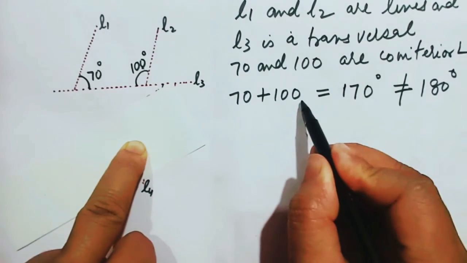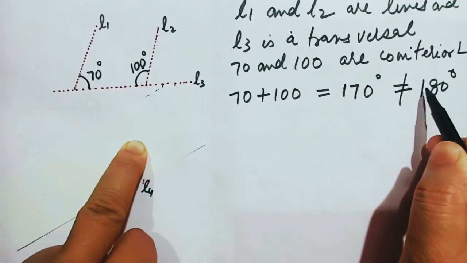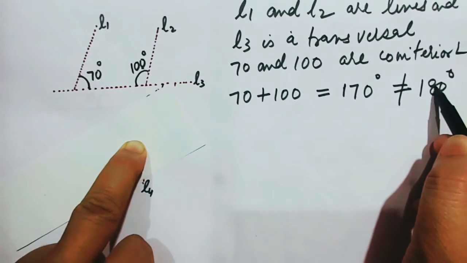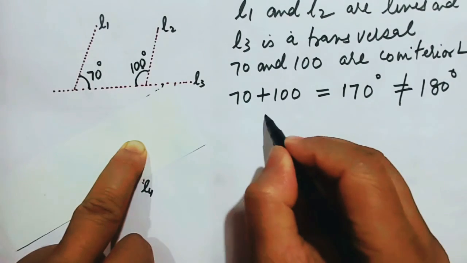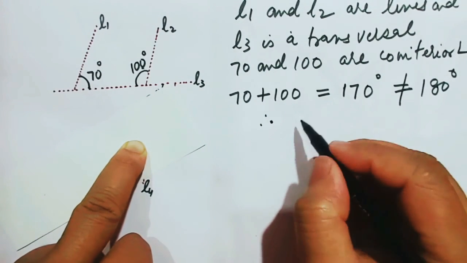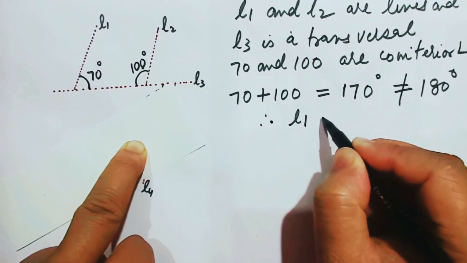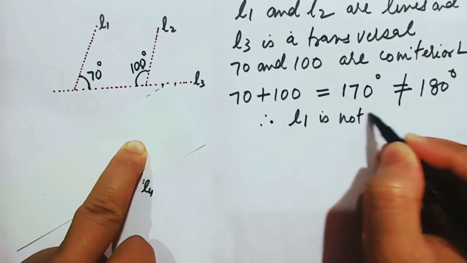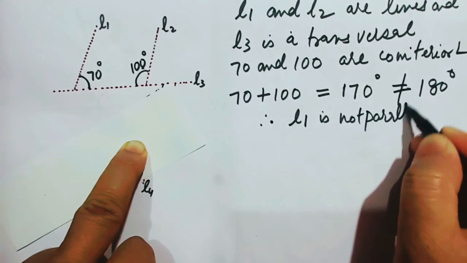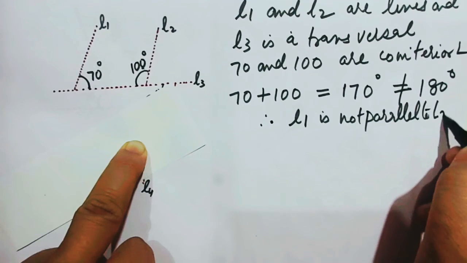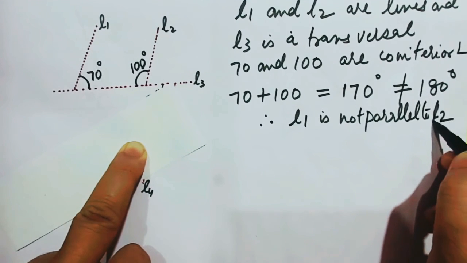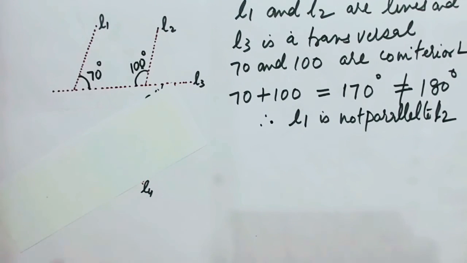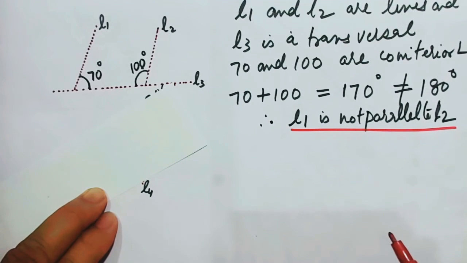Since the sum of co-interior angles is not equal to 180 degrees, we would say that L1 is not parallel to L2.